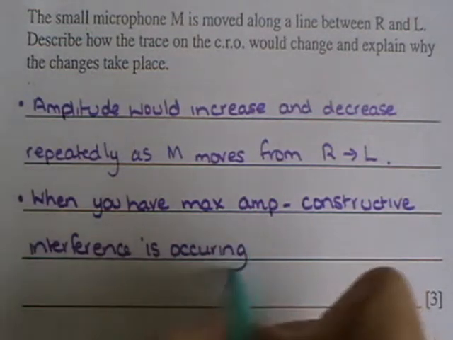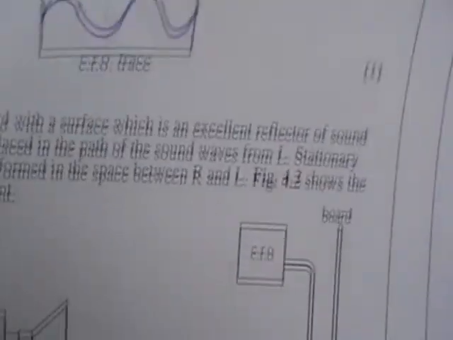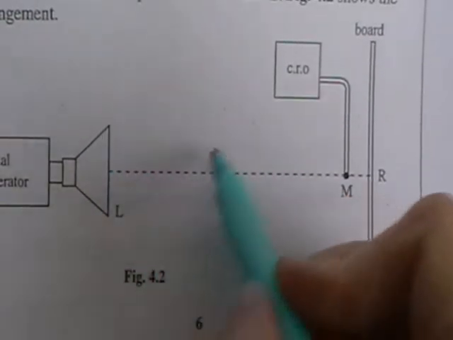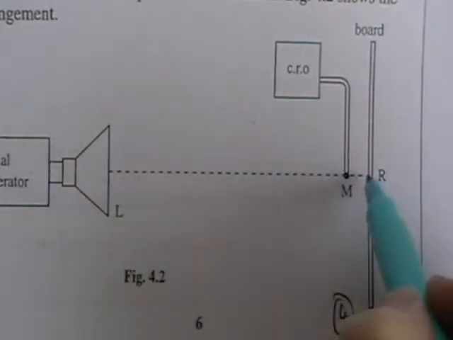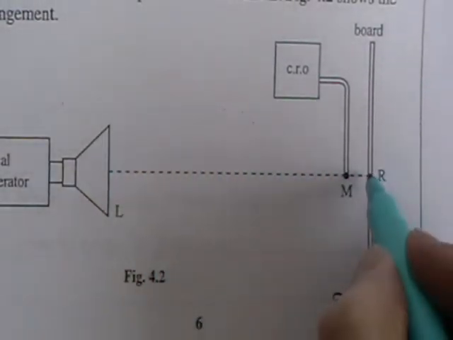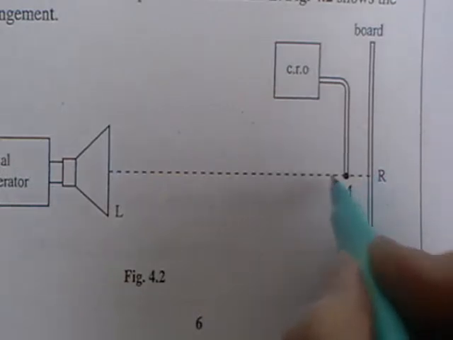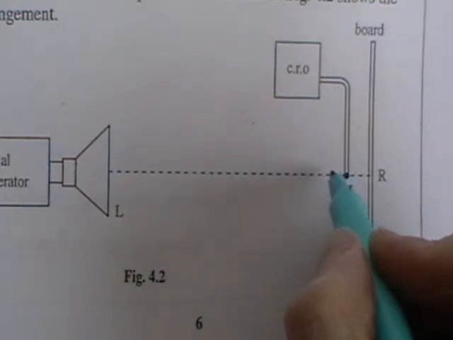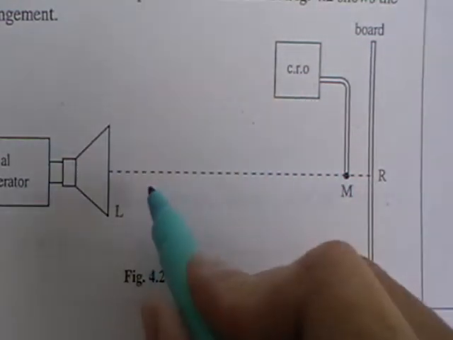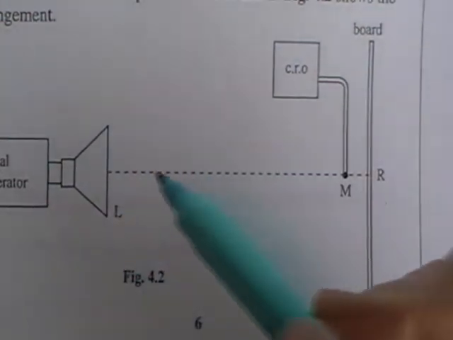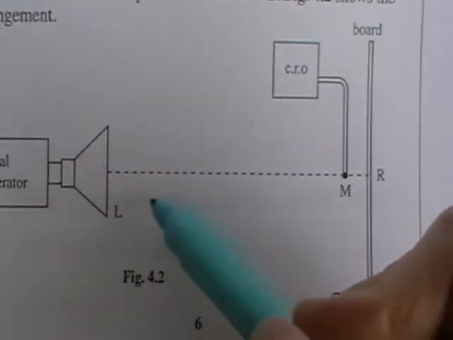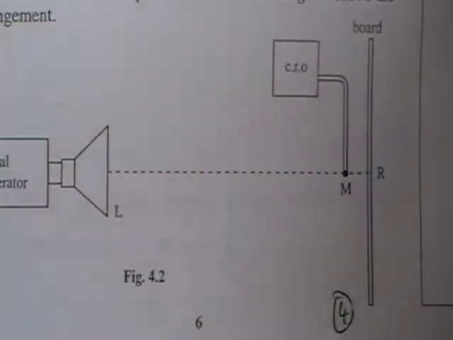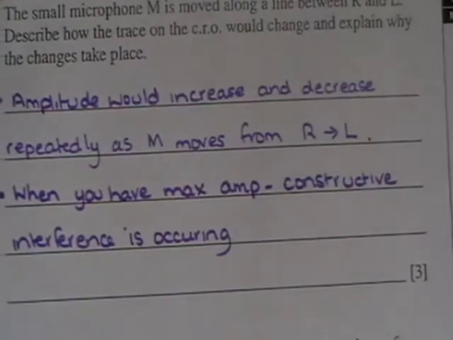In other words, if I just show you the diagram there, you've got a wave coming down from the loudspeaker and one being reflected from the sheet here, and there are positions where they are constructively interfering and causing a maximum amplitude, and the microphone's picking that up. And then obviously I'm going to explain that then you have positions where they're actually cancelling each other out, and there you're getting destructive interference.